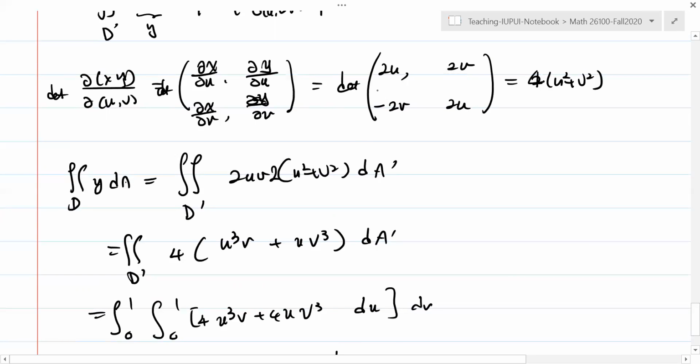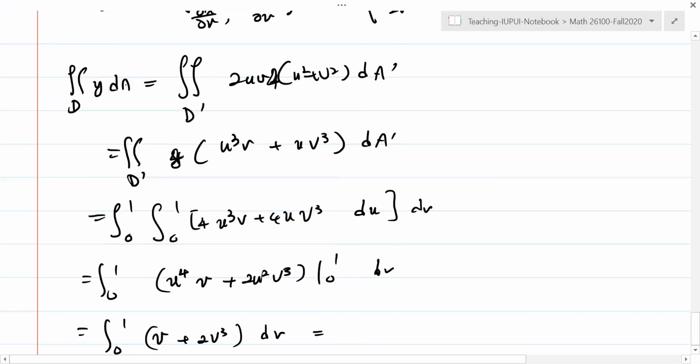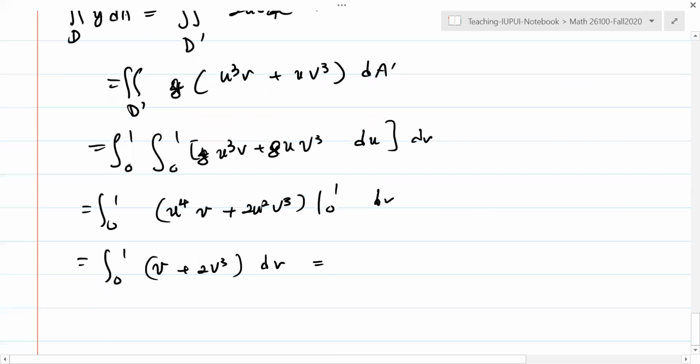It's a 4, 4 times 4, so that will be 8. Anyway, there's a double 2 here, so I don't forget this. So the antiderivative is going to be v squared and v to the fourth power. Evaluate at the endpoints, and the answer is 2. Okay, then it's correct. Still get the same answer.